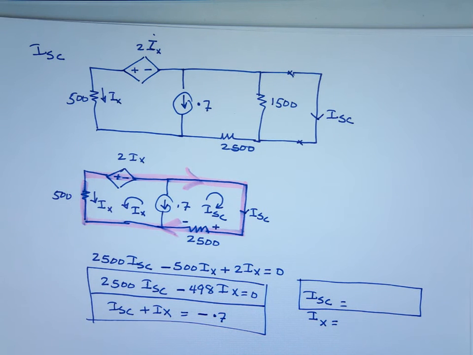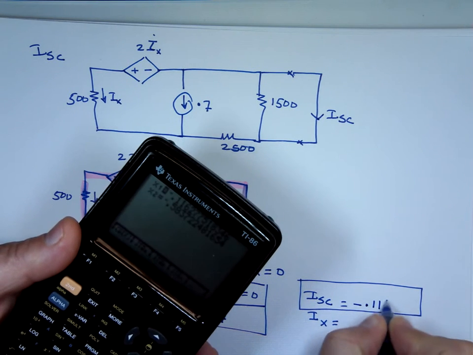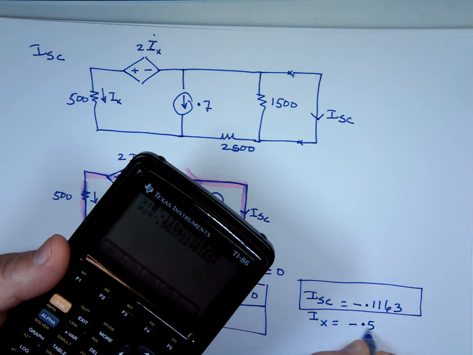Let's see what these numbers are. 2500, negative 498, 0, 1, 1, negative 0.7. Solve it. I short circuit is negative 0.1163, and I sub x is negative 0.5837.